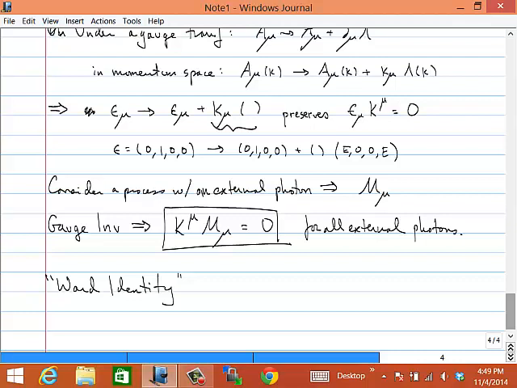So in order for your scattering result at the end of the day to be gauge independent, to not depend on this choice of the function lambda, then k contracted with your amplitude M^mu has to be 0. Because remember, epsilon_mu M^mu is the scattering amplitude for some process with an external photon with polarization epsilon. If you're allowed to shift epsilon by k and the answer can't change, that means that k contracted with M just has to be 0.